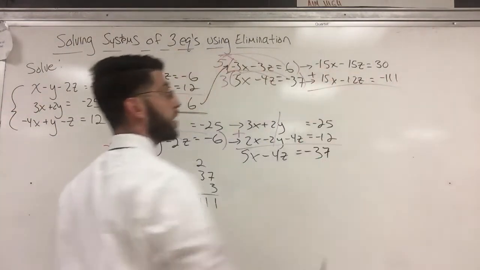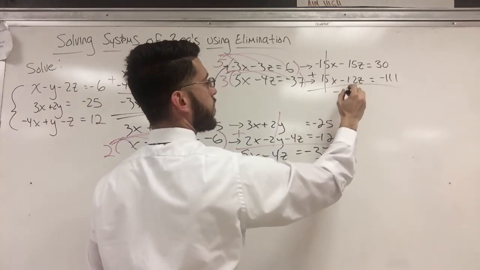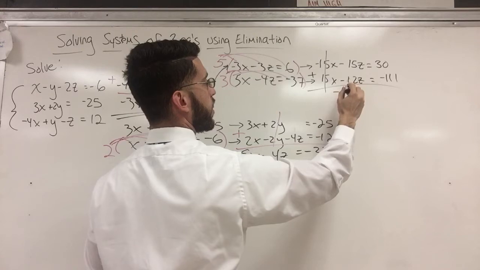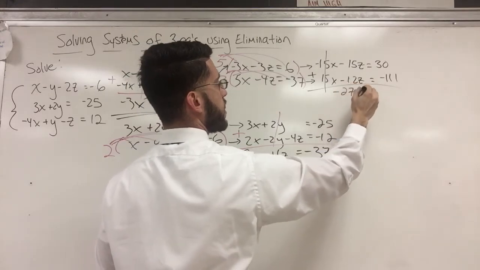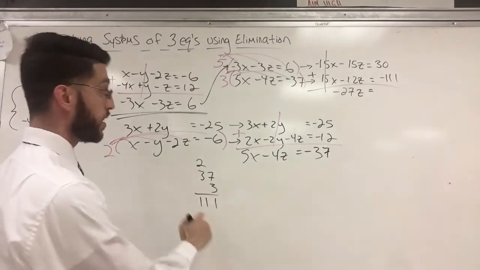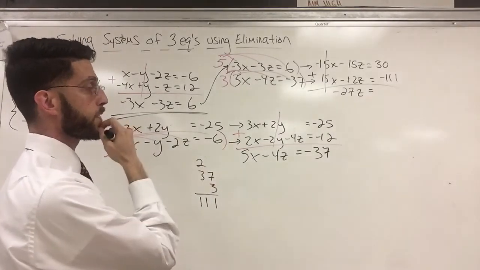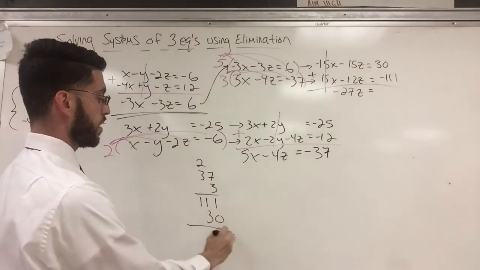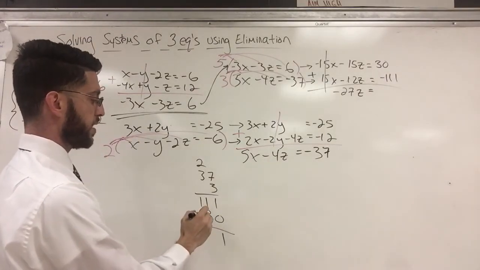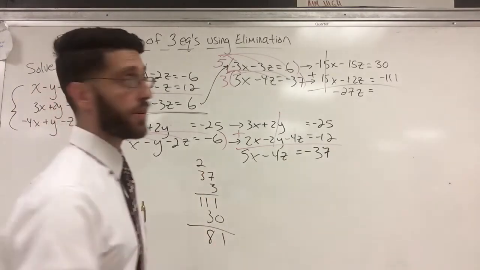And again, I'm using addition here, so that can cancel. I can get negative 27z equals negative 111 plus 30, right? So that should give me negative 81.